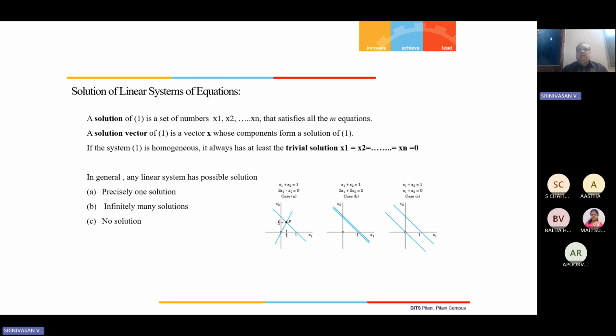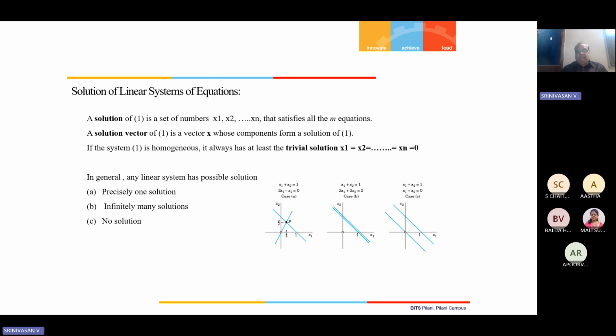For example, if x2 is equal to 0, then x1 equal to 1. Suppose x2 equal to 1, then x1 will be 0. Suppose x2 is equal to 1 by 3, then x1 will be 2 by 3. Depending upon the value of x2, you will get x1, or the other way around. Therefore here you get infinitely many solutions.